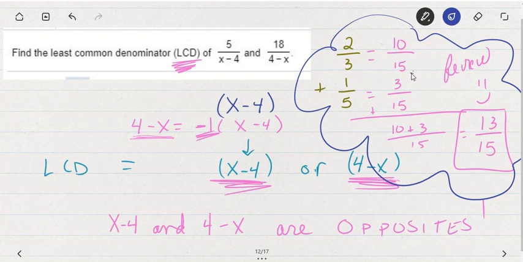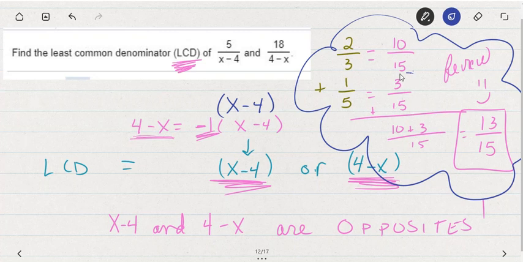The least common denominator is going to make this problem the least trouble. So we're going to use 15. Next, we rewrite the 2 over 3 with that denominator of 15 and write 1/5 with a denominator of 15.